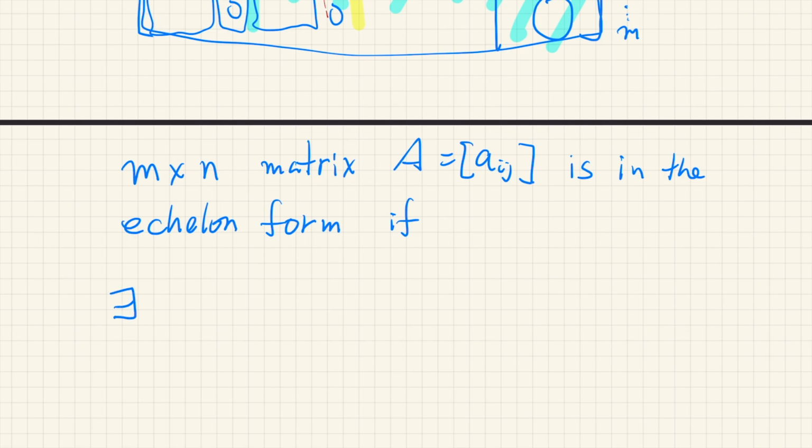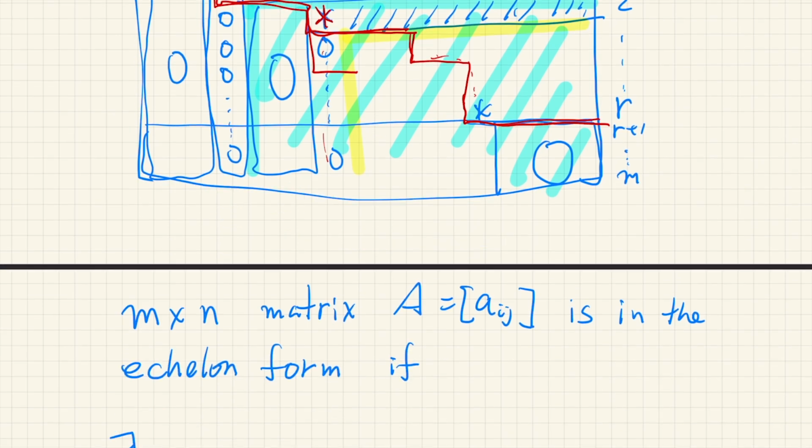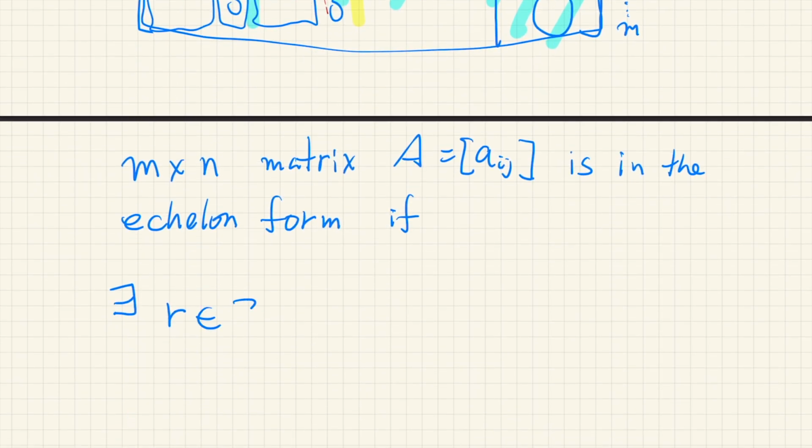So the condition is there exists an integer r. So this is the number of rows with non-zero elements actually. This r is greater than or equal to 0 and less than or equal to m. So this is the number of rows in the matrix.